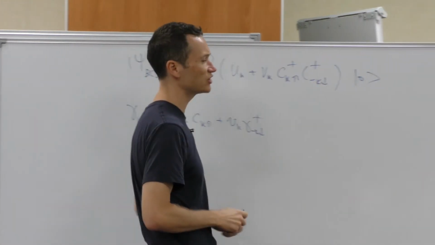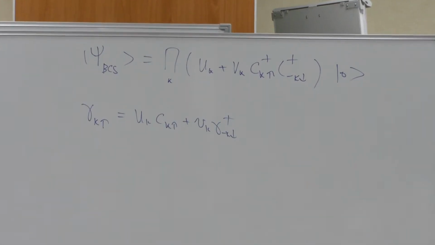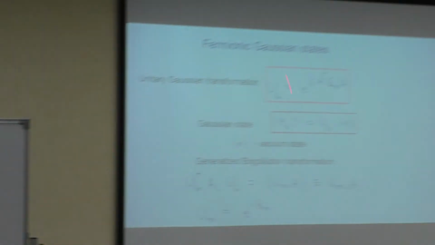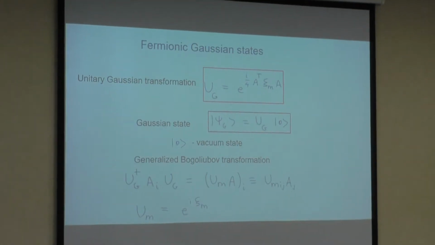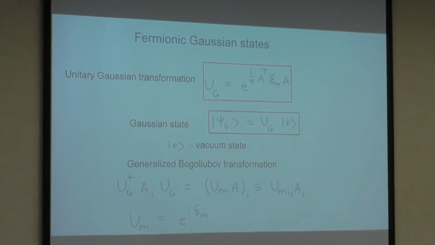So these are rotations which transform the vacuum of the fermions into the vacuum of Bogoliubov quasi-particles, so the BCS state. You can think about this matrix psi as accomplishing the same rotation.